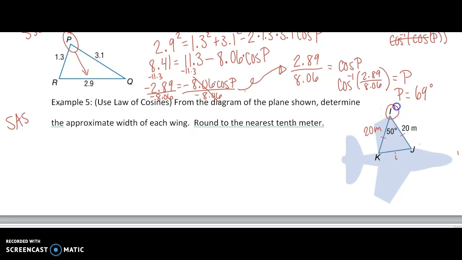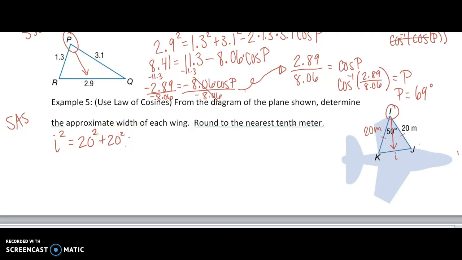And so I circle my angle, draw an arrow to the side opposite to figure out what side goes opposite of this angle in the equation. And so that tells me I will take I squared and set that equal to either one of the legs. And here it really doesn't matter which one you choose first because it is the same exact number.